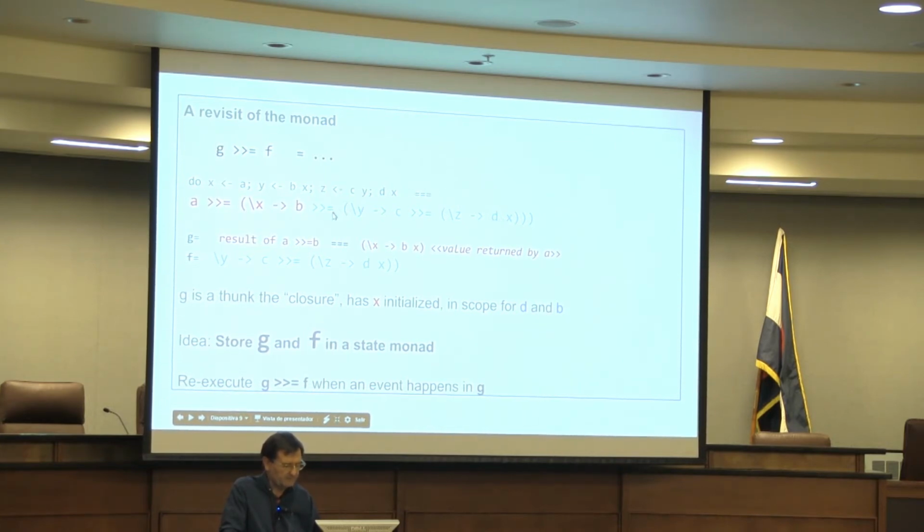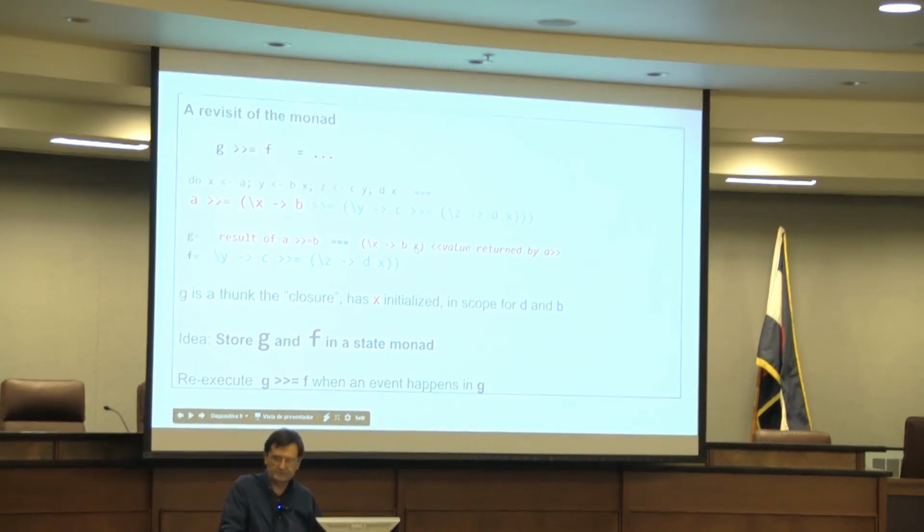When the second bind is executed, what do we have in G and what do we have in F? In G we have the result of A, which has been executed, applied to B. B is not executed yet, but it has X evaluated.